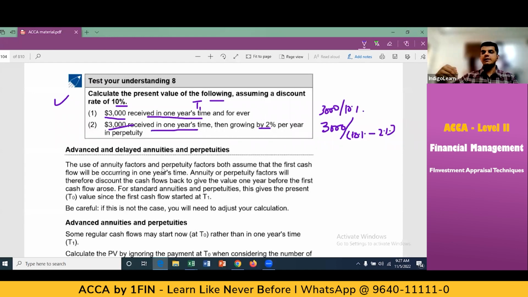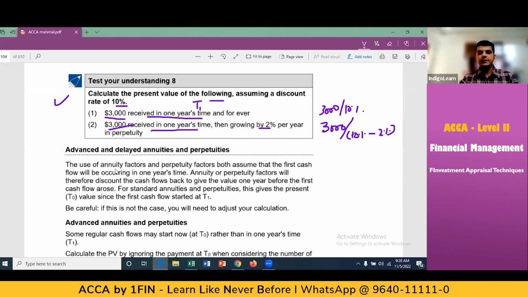Suppose till year 5 the cash flows were different, but from year 6 I will be receiving a perpetual amount, then how to calculate it. So slowly there would be more complexity in the questions, but since we are building block by block, we'll never face any difficulty in resolving it.